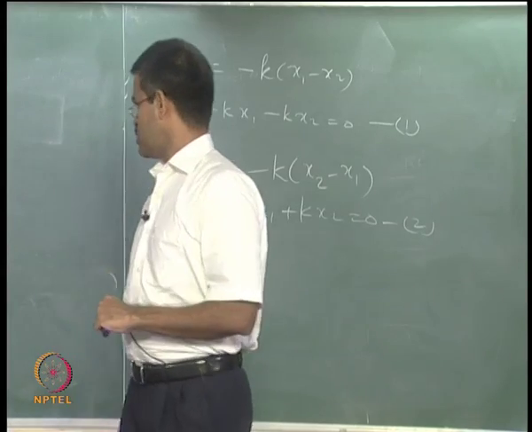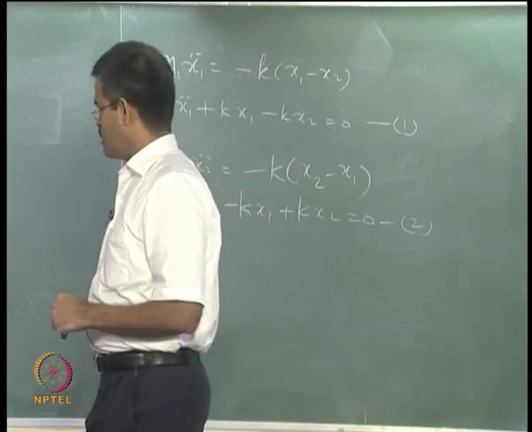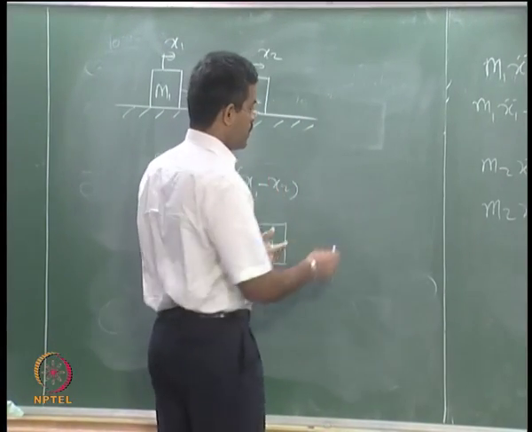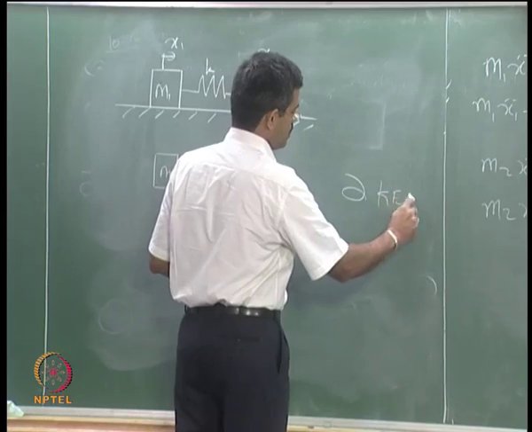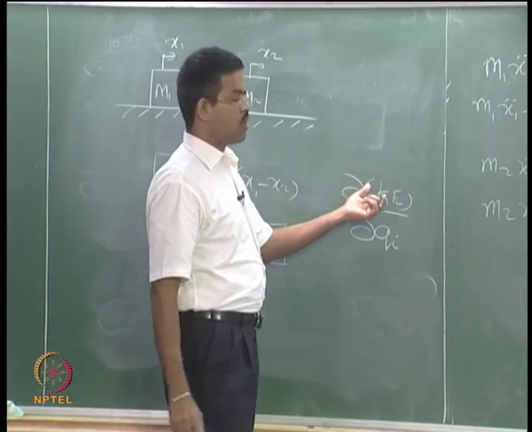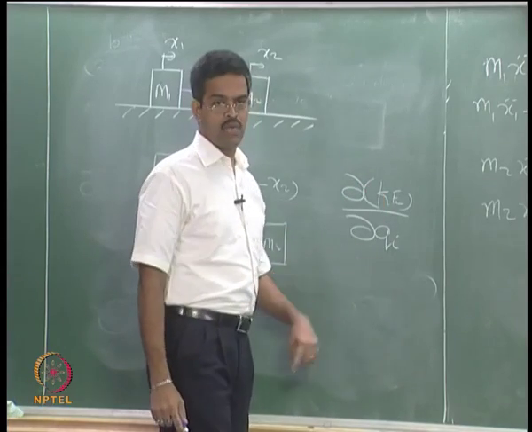I have a very interesting question for you, let me see who can answer this. In Lagrange's expression I have one term which is dou kinetic energy by dou qi, but kinetic energy is always a function of velocity. Why does this term exist in the Lagrange equation?